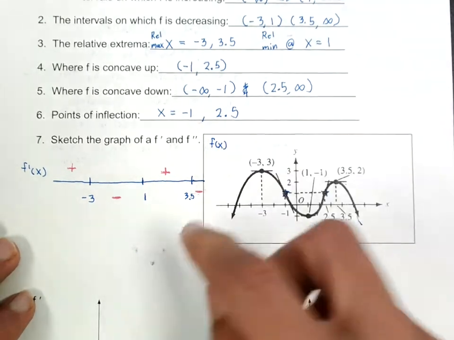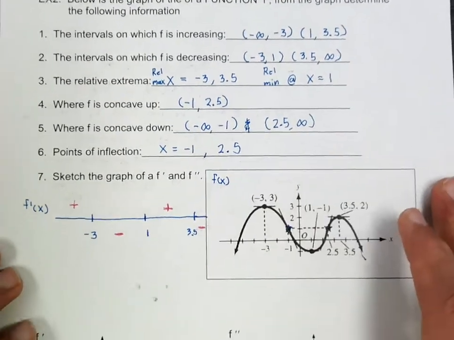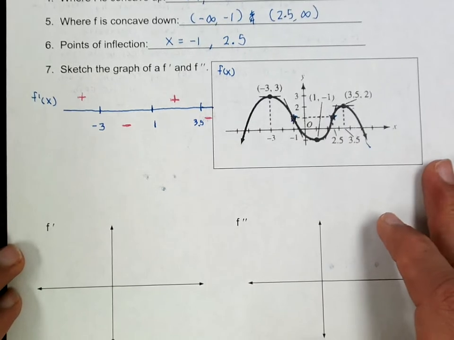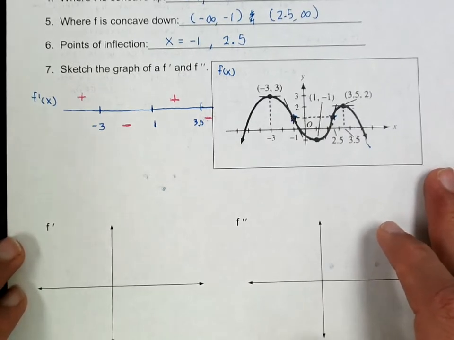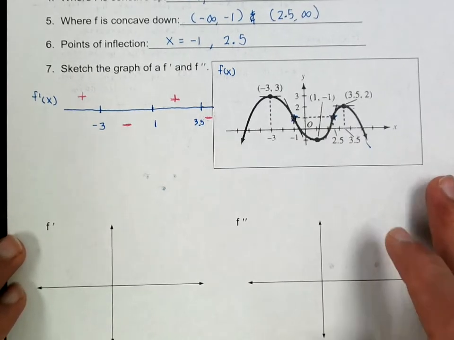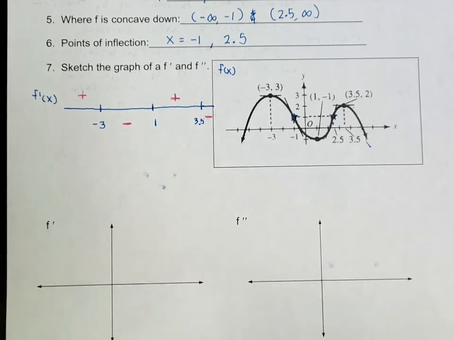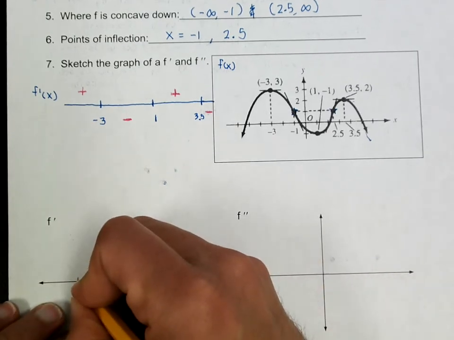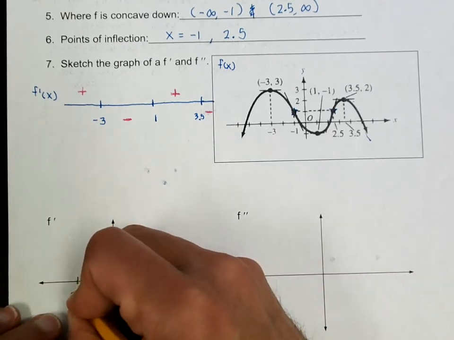Again, I have that written down over here, but I'm just making you rethink about it. So now I'm going to use that to graph my f prime of x function. Before I start, I want to put my max and mins on here.